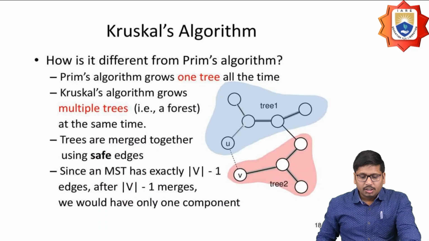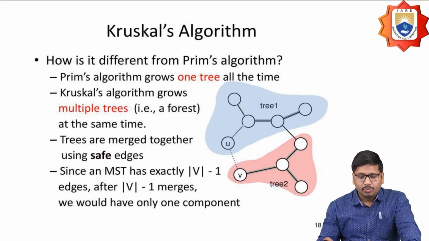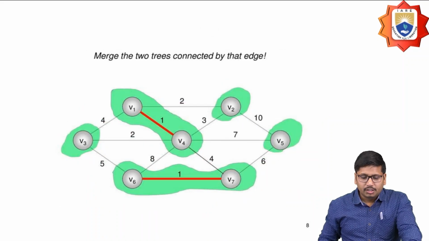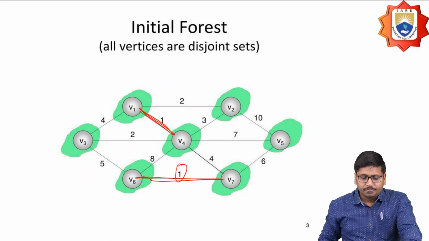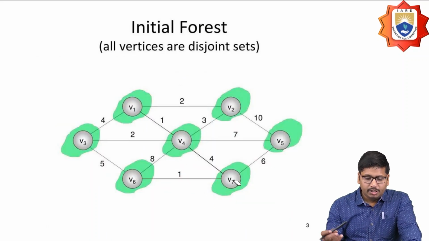How is Kruskal's algorithm different from Prim's algorithm? Normally Prim's algorithm works in such a way that it selects the nearest edge. First this one is selected.